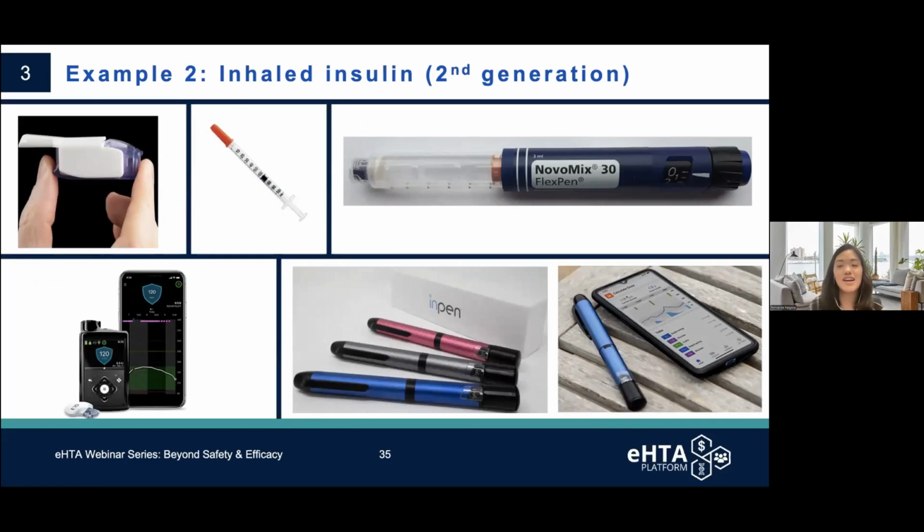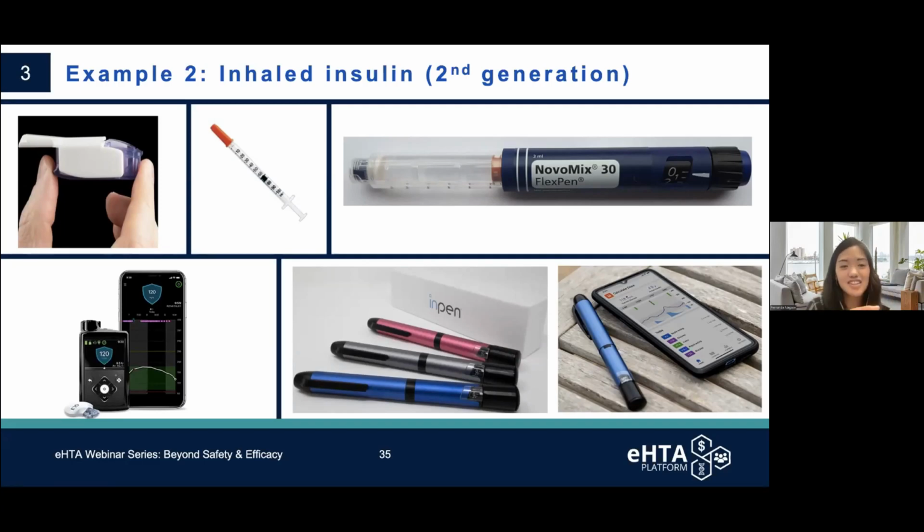Those smart pens are able to connect to your phone, and then you can download an app that can calculate, track, and send you reminders when to take your next dose. Plus, you also have insulin pumps, which is this device right on the bottom of your left corner here. And those insulin pumps are basically a small device that can deliver insulin through a thin tube that goes under your skin.